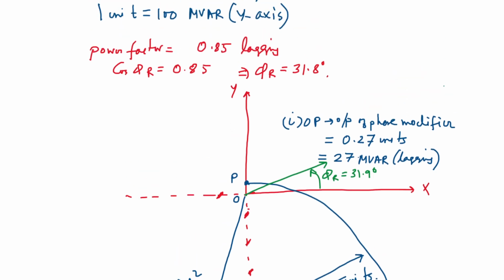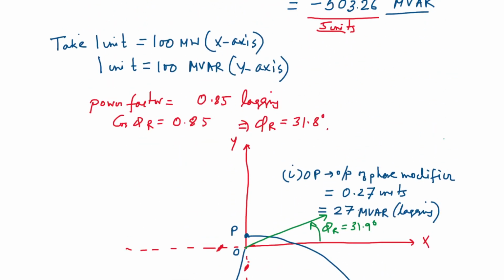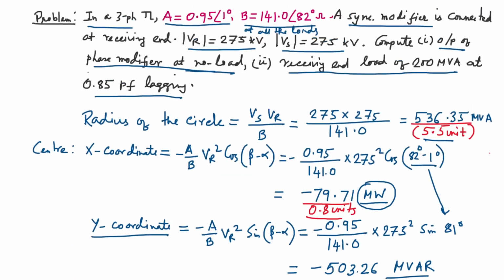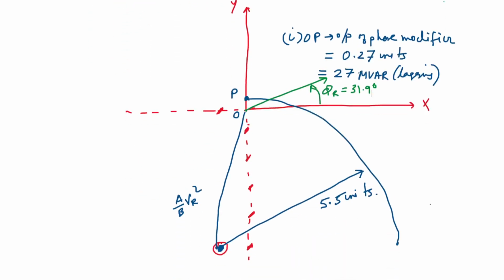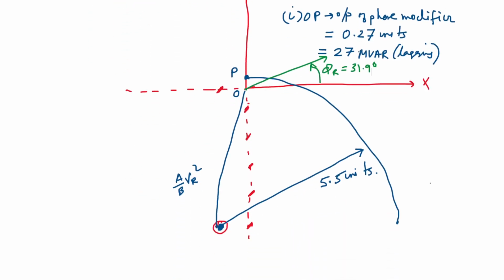Of course, I do not have the scale, but as I know the answer, this 200 MVA represents something around here. So the corresponding intersection is at this point, let me say this is Q dash.